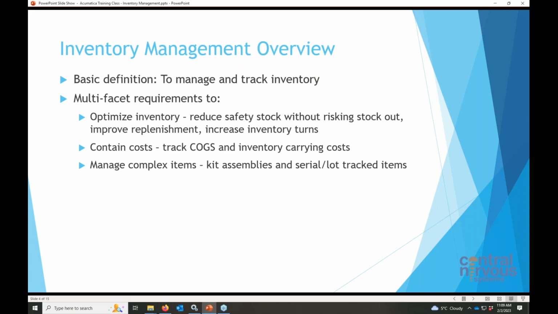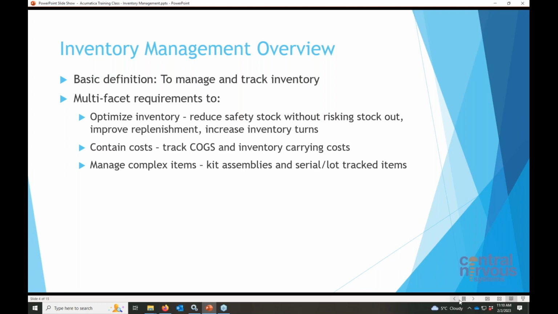And then we want to also make sure that when we do have serial or lot tracking turned on and on specific items, that we're able to reconcile between our lot quantity and our location quantity, and be able to track products through their serial number all the way to their base items, if and when needed.